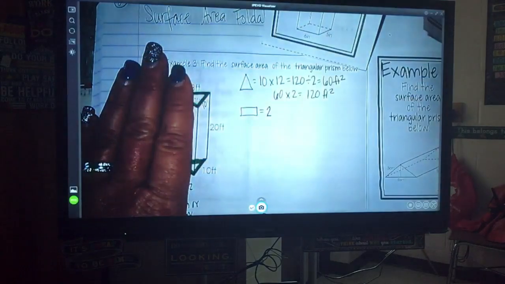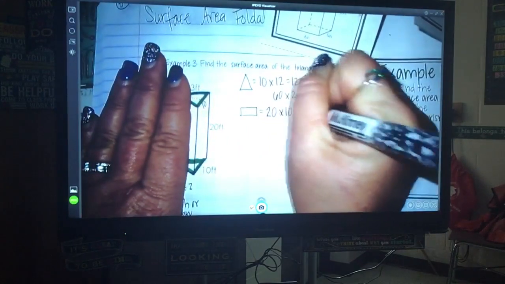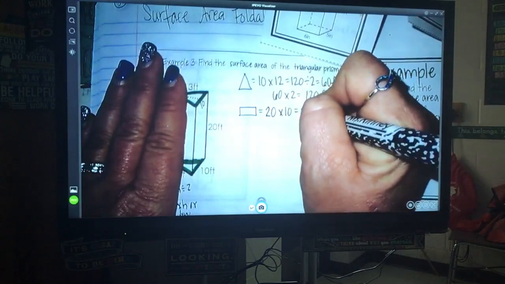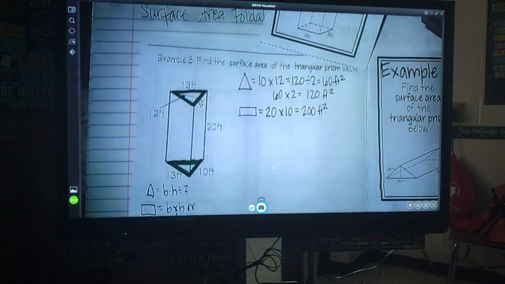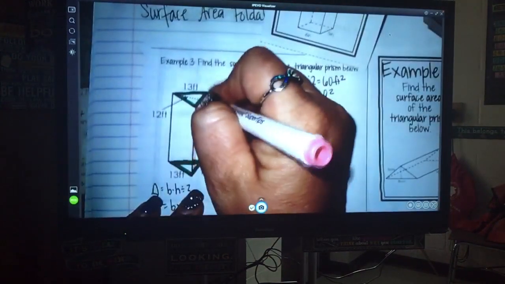Just look and tell me what 2 numbers you see. 20 and 10. Okay, so we are going to multiply 20 times 10. What does 20 times 10 give you, Mason? 200 feet squared.